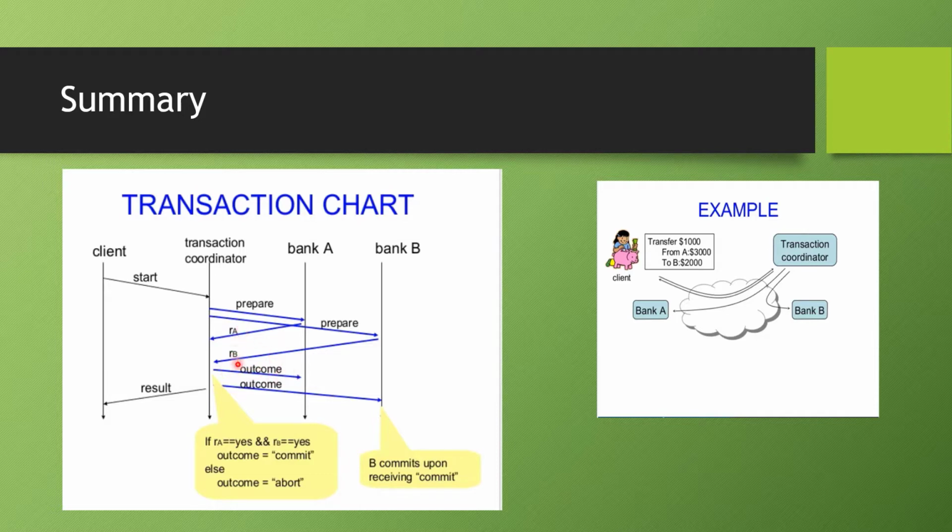If any one of the sites says no, that is, if RA or RB is no, then the coordinator decides to abort and the outcome will be abort.